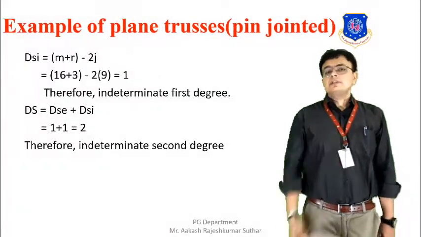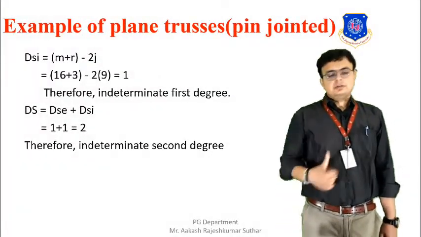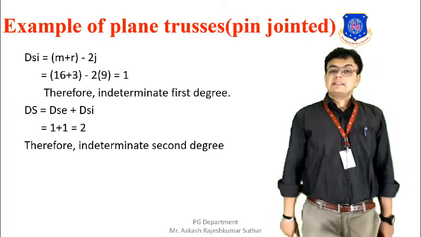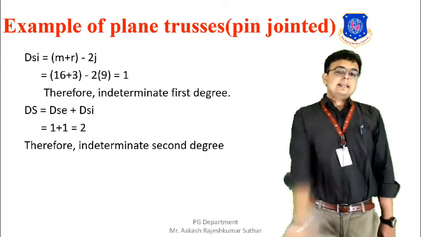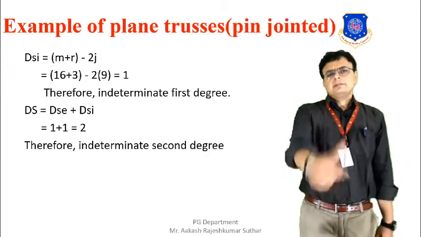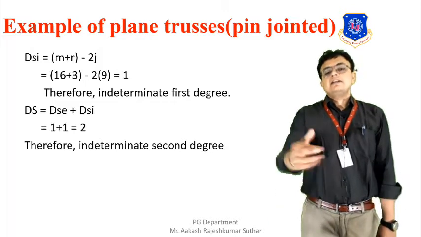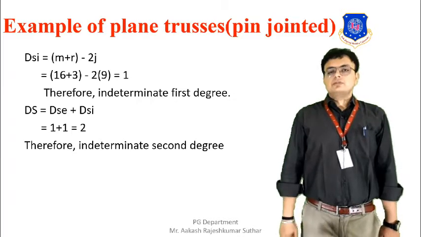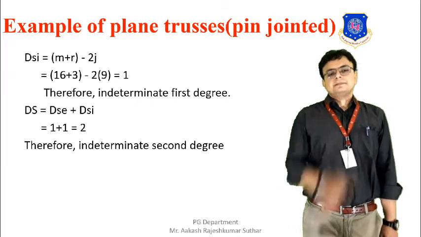Now talking about the internal indeterminacy of a structure. For that purpose, we have the formula that we discussed in the previous slide, that is m plus r minus 2j. The number of members, the number of joints and the number of equations available are all involved.